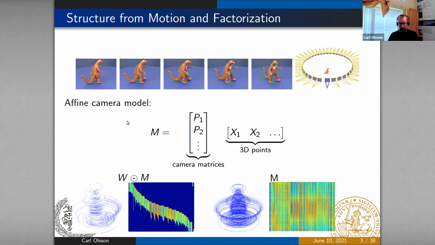So we're able to detect some point in some image, and then we track that for a couple of frames, and then it's going to disappear again. And this typically gives rise to band structures like this. So along the diagonal, we might have data. So this is really the data we have, and from that we want to extract the factorization.